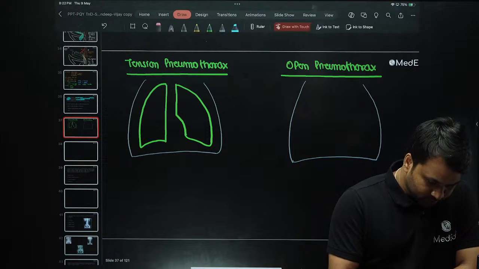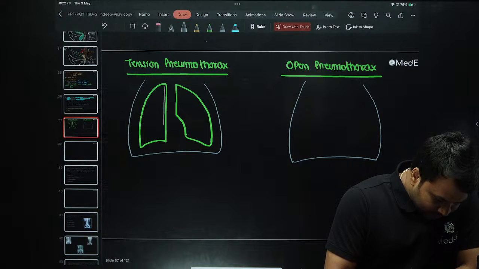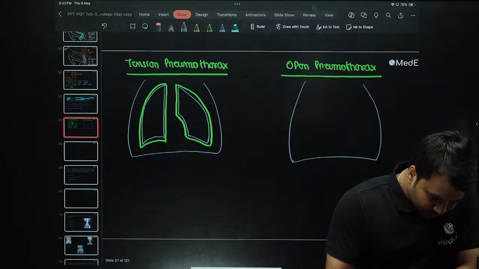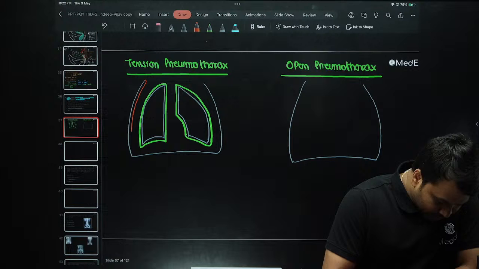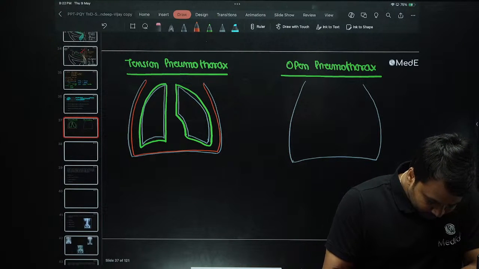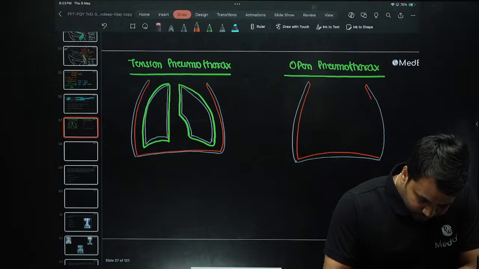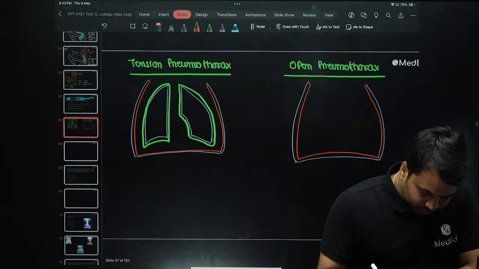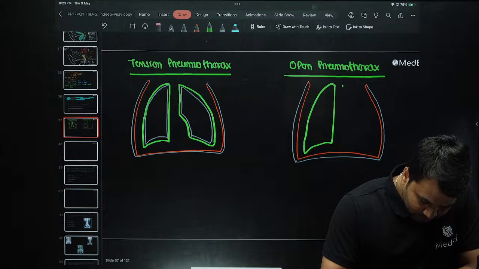Let's say these are the lungs which are present, and this is the trachea. The green one is the pleura, that is your visceral pleura to which the lung is attached. Then you have another pleura which is called the parietal pleura, and the orange one depicts the parietal pleura.